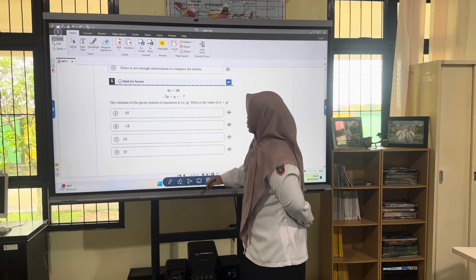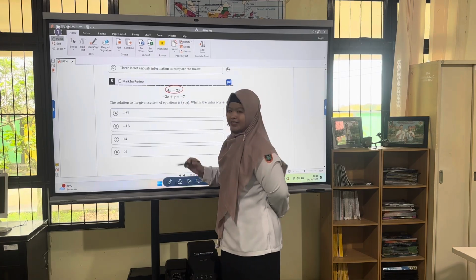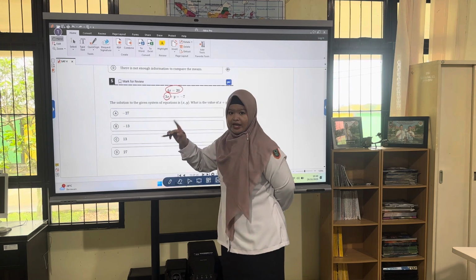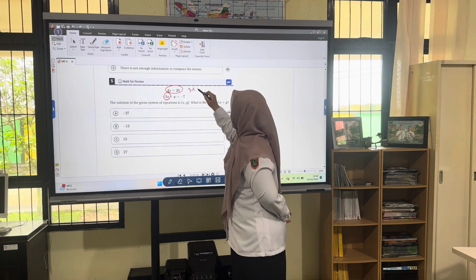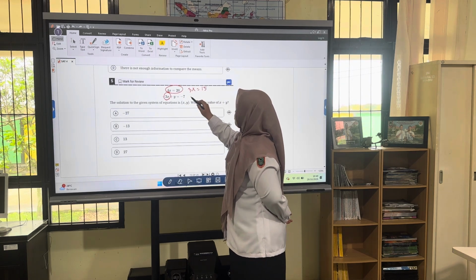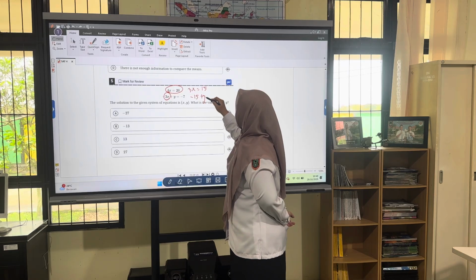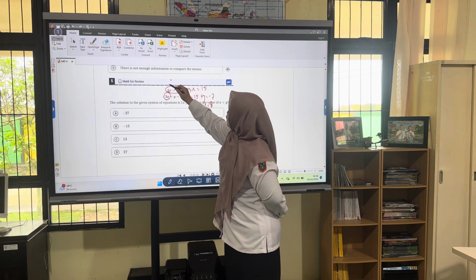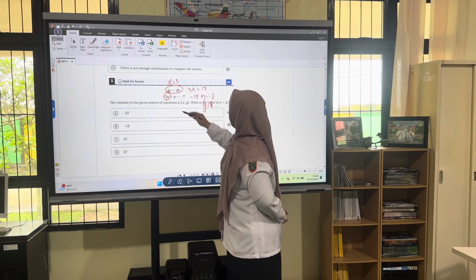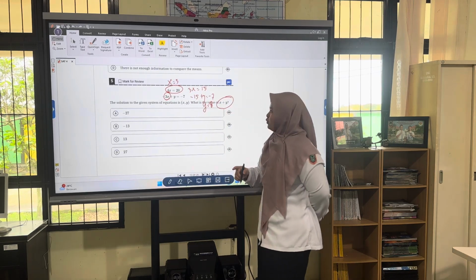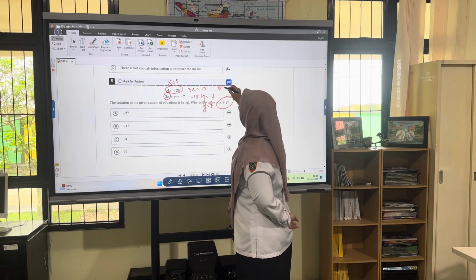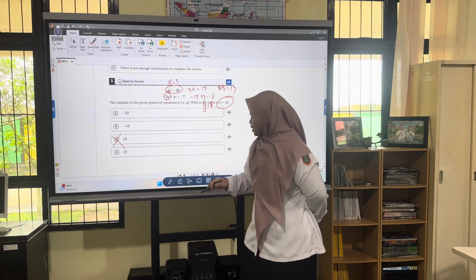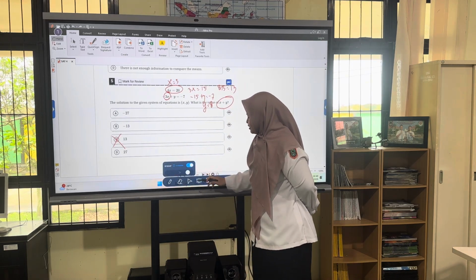From this information, you have 4x equal 20, but they are asking you for 3x, which means the 3x value is 15. So minus 15 plus y equals minus 7. So you get y equal to 8, and the value of x is 5. Because they're asking about x plus y, 8 plus 5 is 13. So the answer is very clearly 13. So we will continue to the next number.